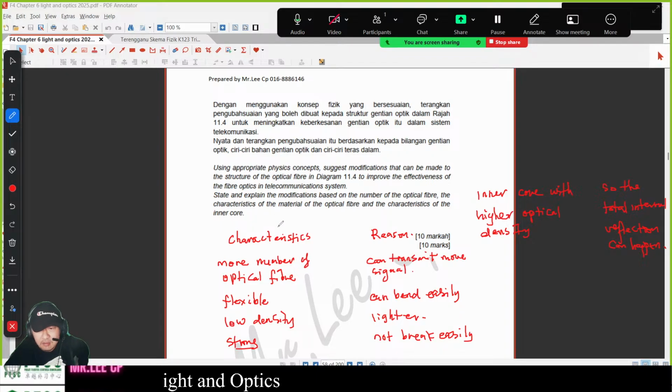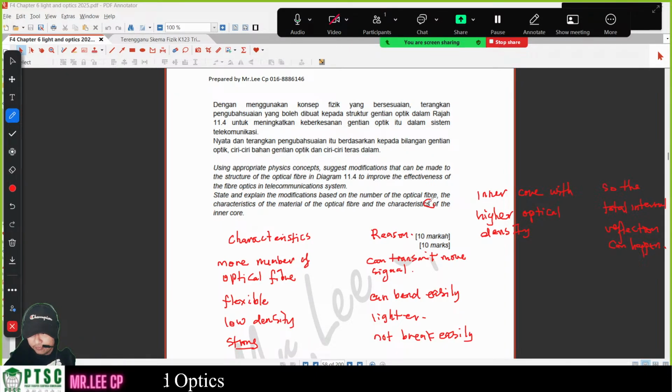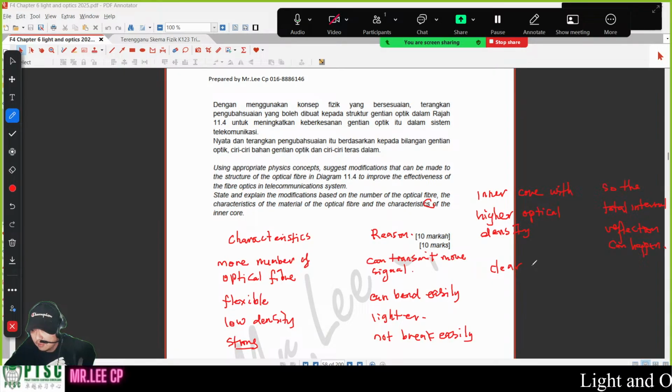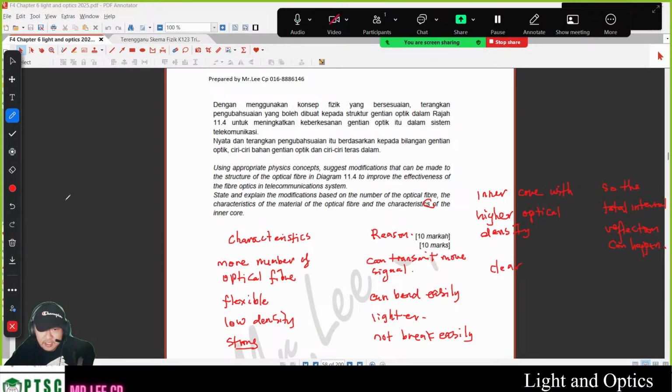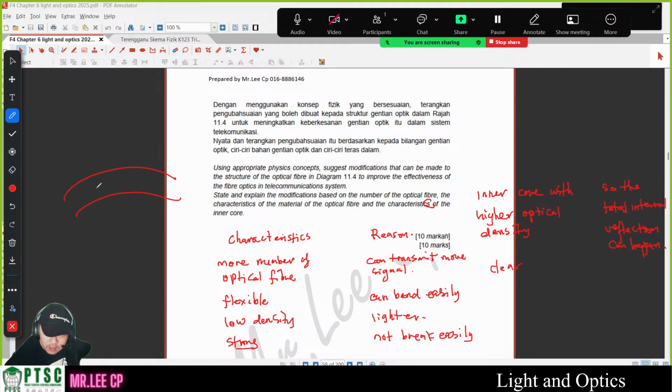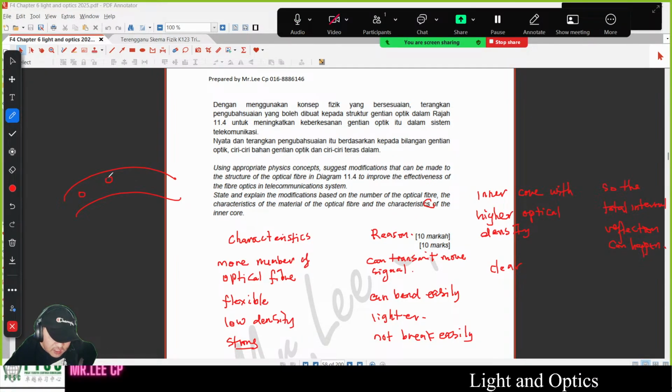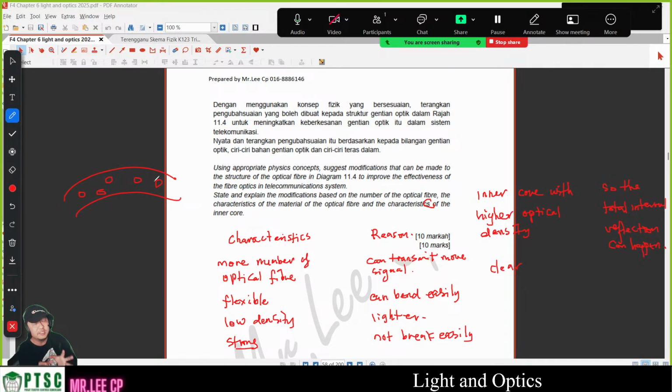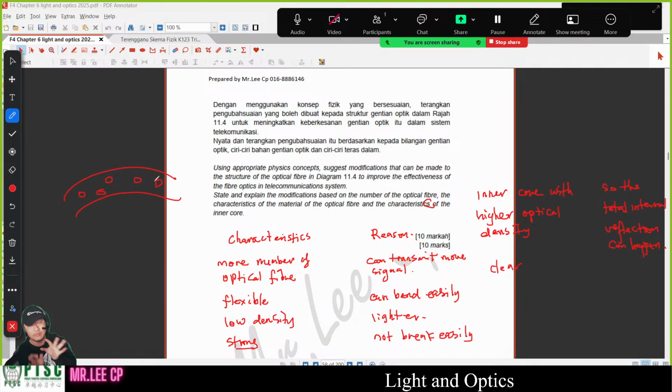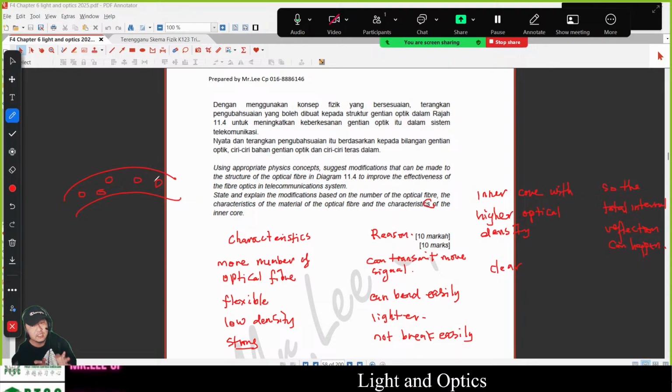Characteristics means more than one. Inner core: clear. Why is it clear? If inside this inner core there are a lot of air bubbles, like glass when they build it, if they are not building it correctly or properly, they will produce air bubbles.